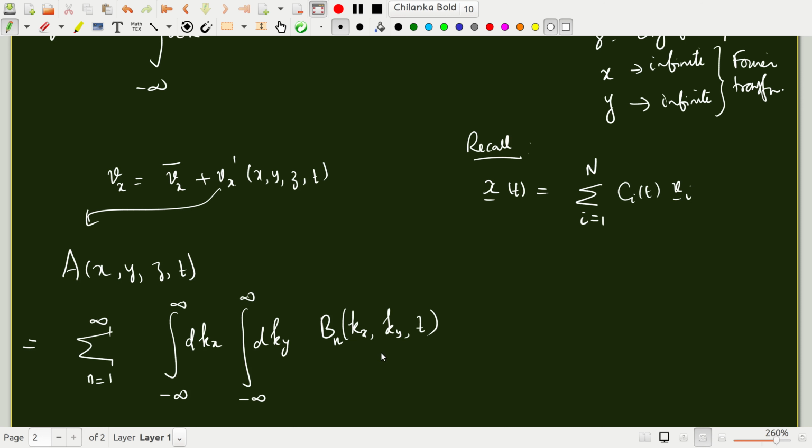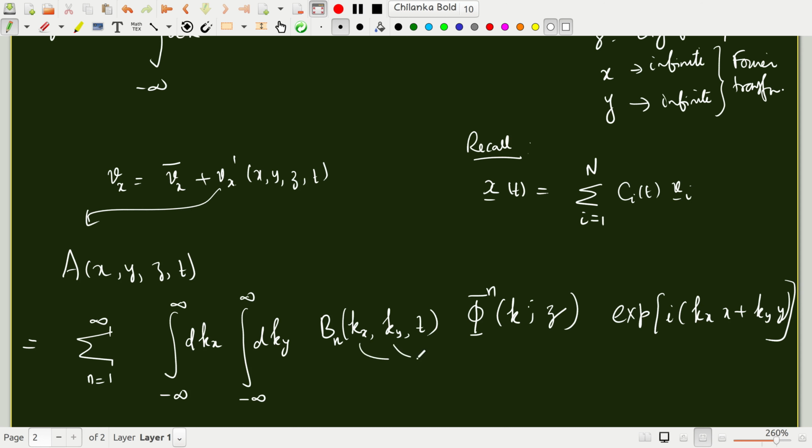And what I will do also is that now I will write the eigenfunction in terms of the z direction. These are discrete values, numbered with n, but they will also be functions of k, and they are functions of z, okay. And finally you will have the exponential of i times kx times x plus ky times y. Here kx and ky are called the wave numbers in the x and y directions, okay.